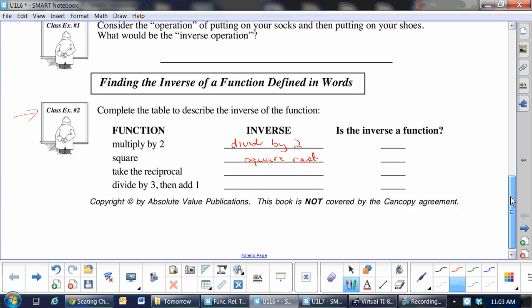How about take the reciprocal? Don't take the reciprocal. That's like don't do anything. Yeah, when all adults stand still. Just stand still.